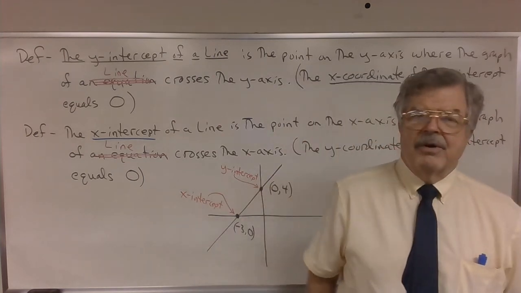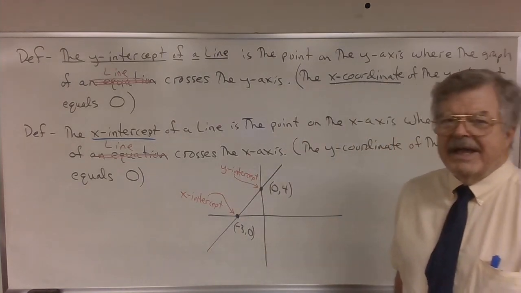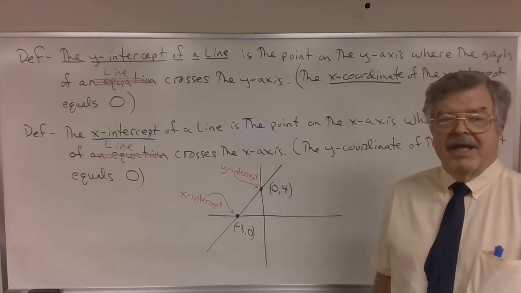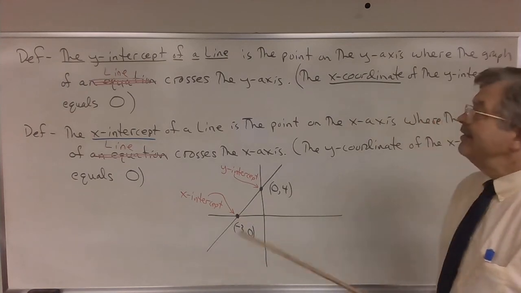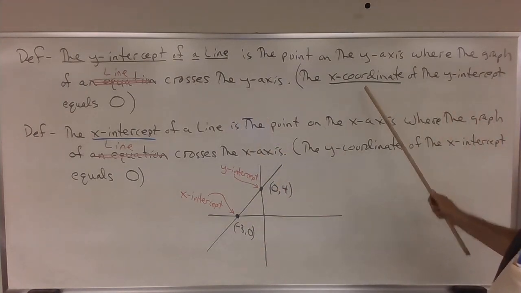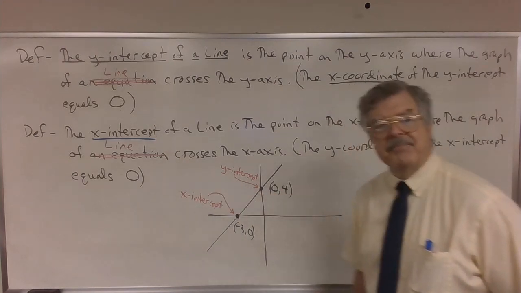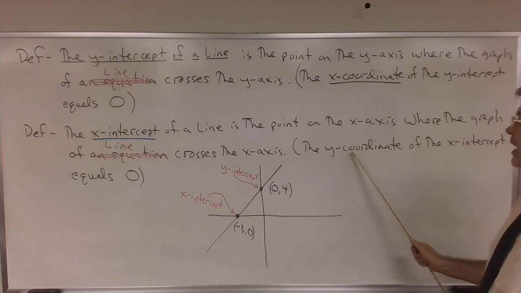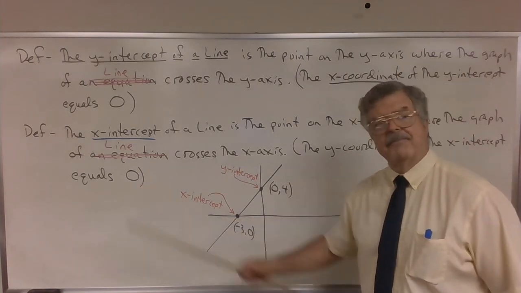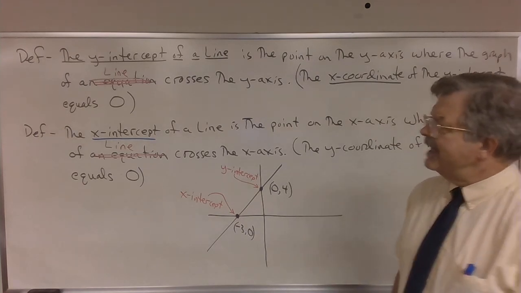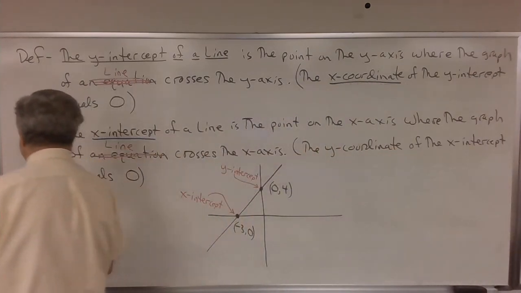Now, this is important because an easy way to graph a function is to find the x and y-intercepts. To find the y-intercept, we let the x-coordinate be 0. And to find the x-intercept, we let the y-coordinate be 0. Let me just write that down for emphasis.